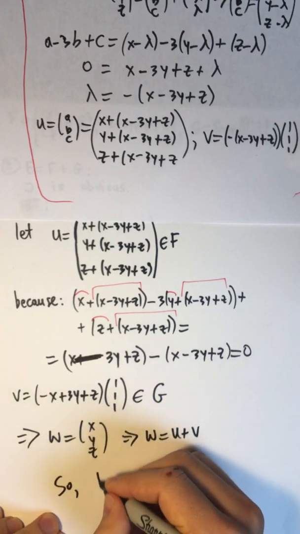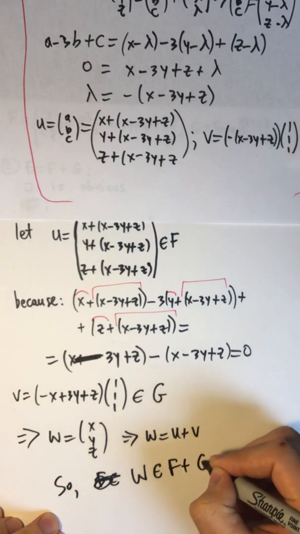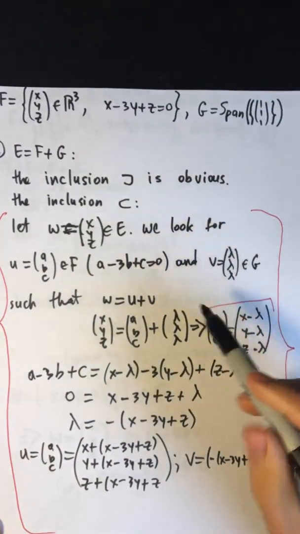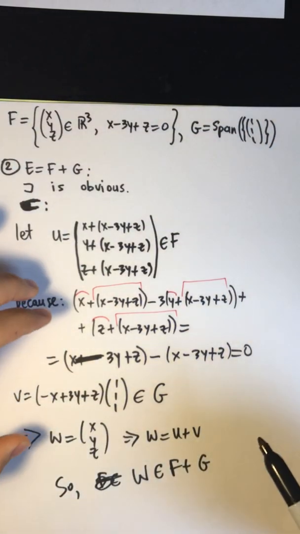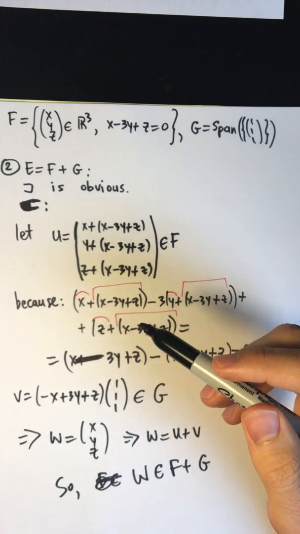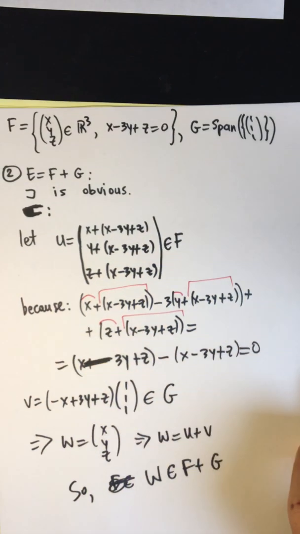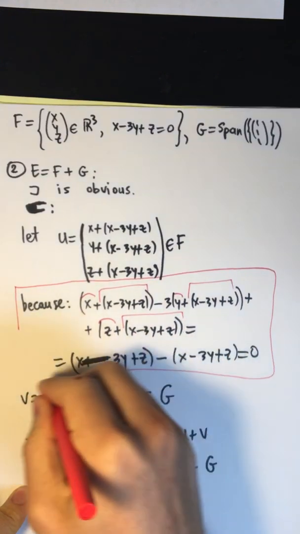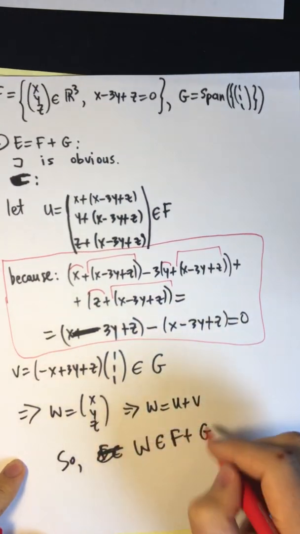So w is in F plus G. What you do is, first on your draft you found u and v, and then here on your answer sheet you just have to show that u and v exist. Just one example would be okay, like this and this exist, and as long as you can show this, it's okay. But this part is important, because u is in F, you have to prove this one. This is important, and this is cool.